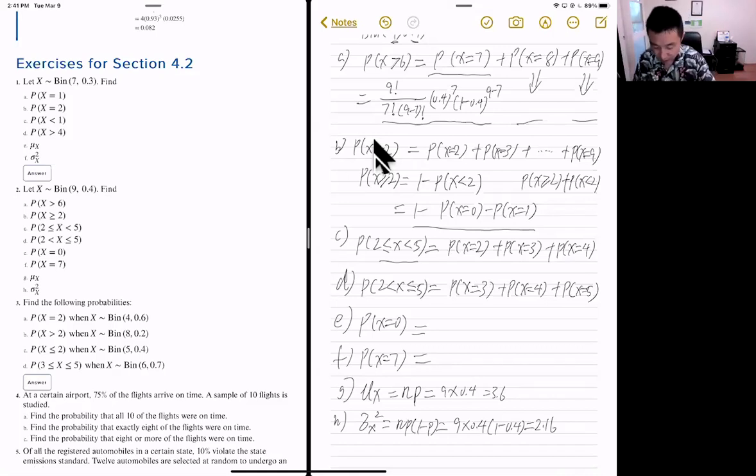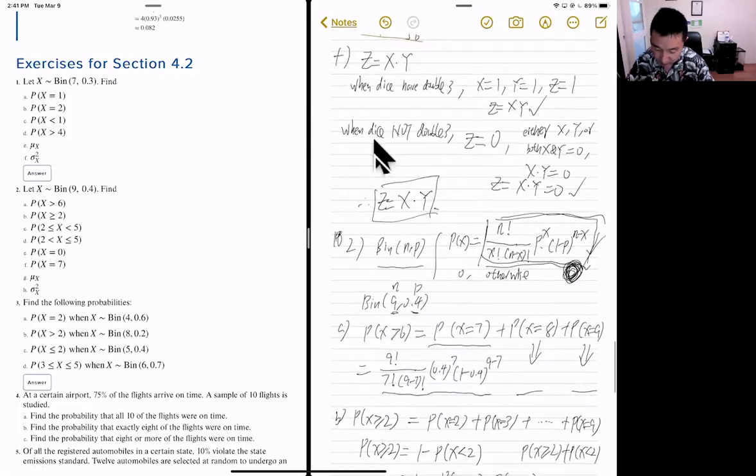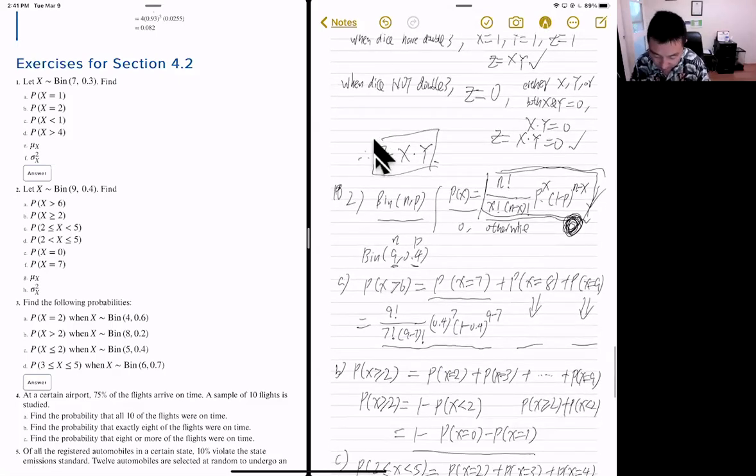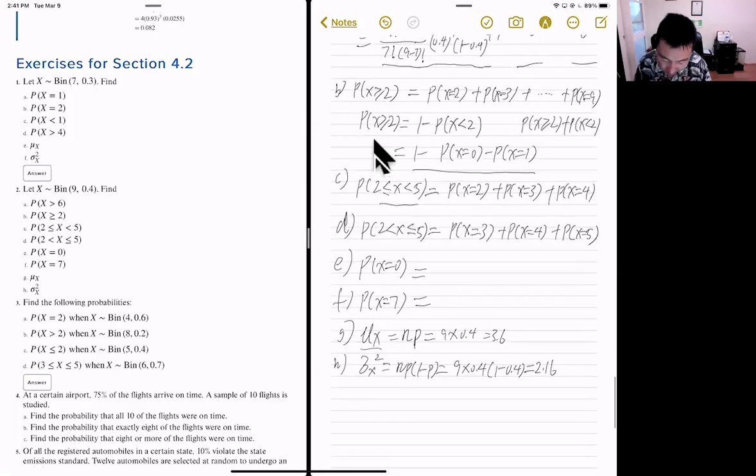Before the exam, to save you the time, you can just write down for binomial distribution what is the P(x), what is the mean value, and the variance. And same thing for Poisson distribution, and also normal distribution, of course. So that's question number 2.